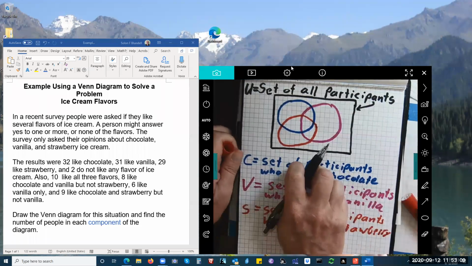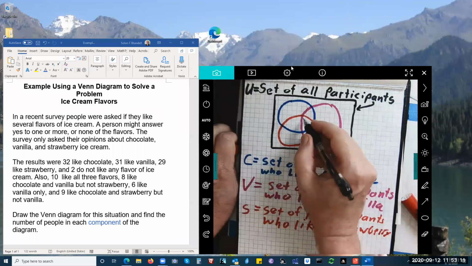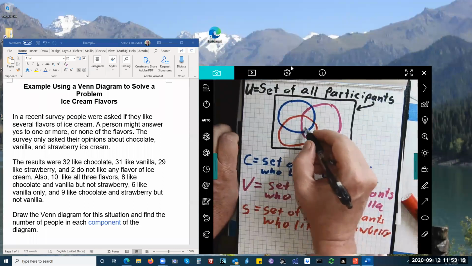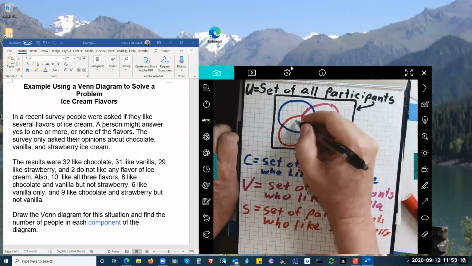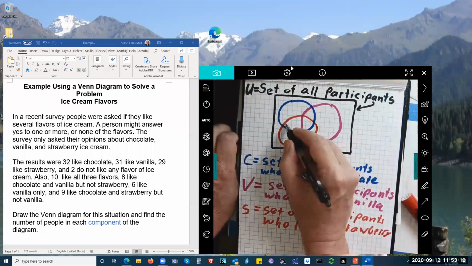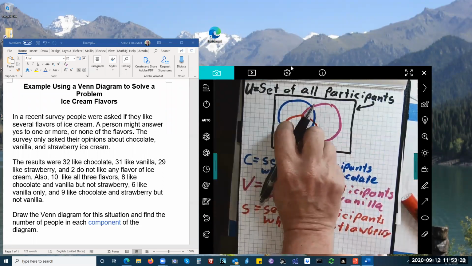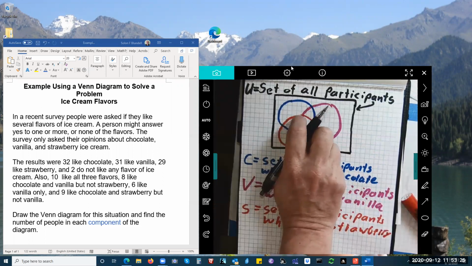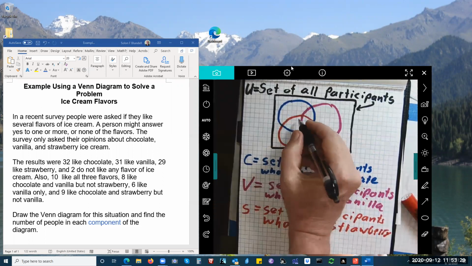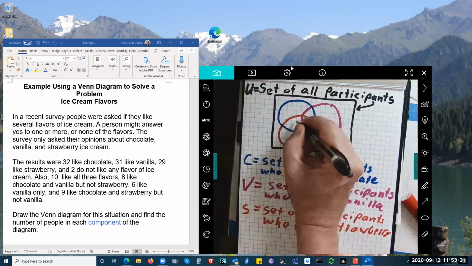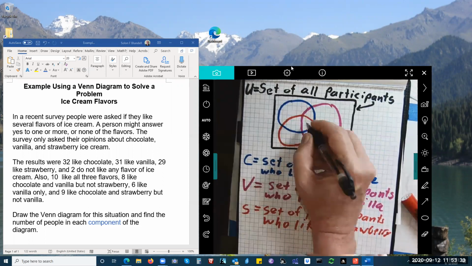Now, each component of the diagram is one of these regions where all the points within the region, you could walk from one to the other by some path without crossing one of the border lines. So, this is a component here, and this over here is a different component.